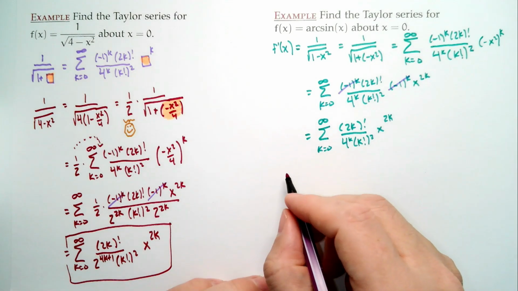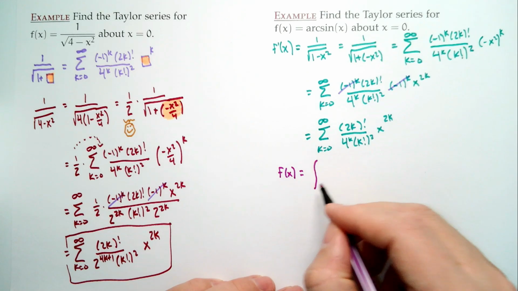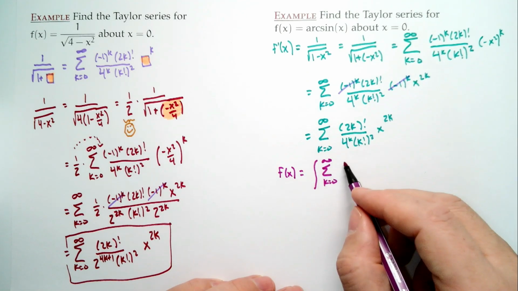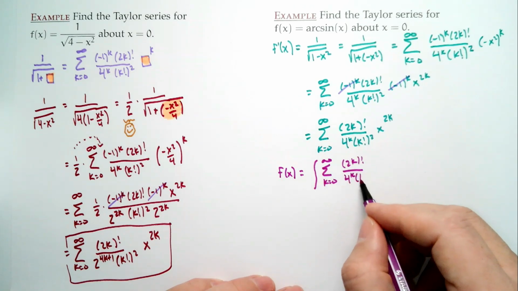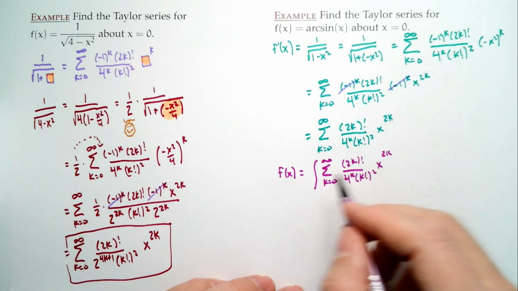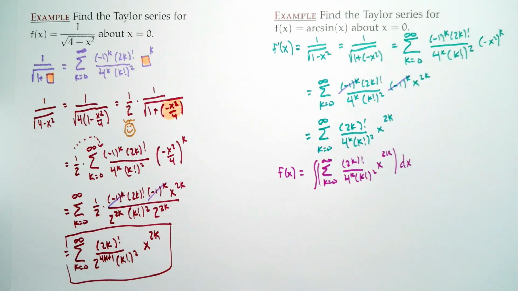So now we have f of x. Well, that'll be the integral of this series, sum k equals 0 to infinity of 2k factorial over 4 to the k, k factorial squared, x to the 2k dx. And remember how integration works with series is that you push the integration all the way in.